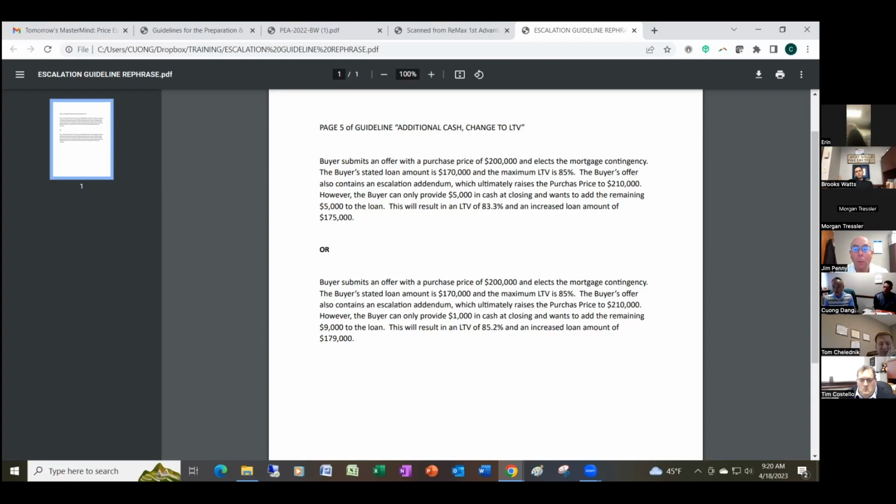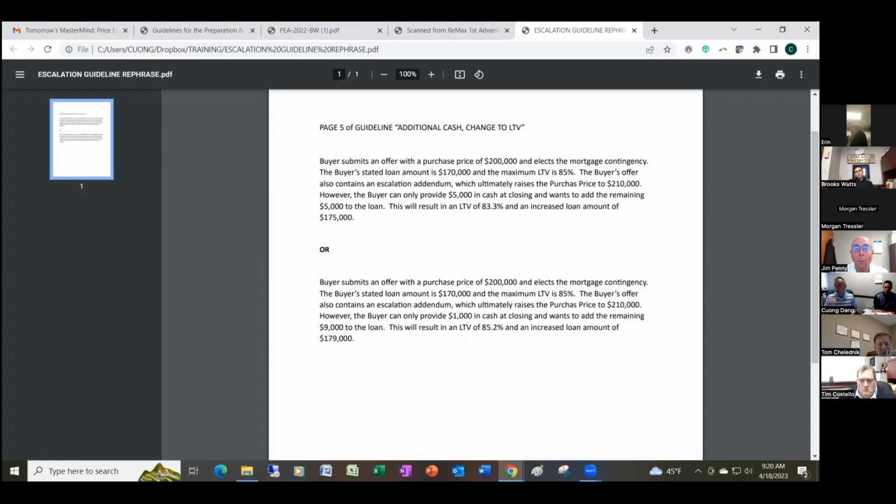Okay, they can't supply the $10,000. But they are willing to put down half of it towards the down payment, and the other $5,000 added to the loan. So this will result in an LTV, loan to value now, of 83.3% and an increased loan amount of 175.